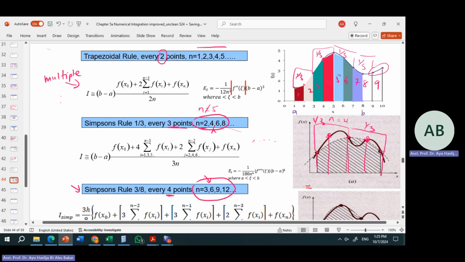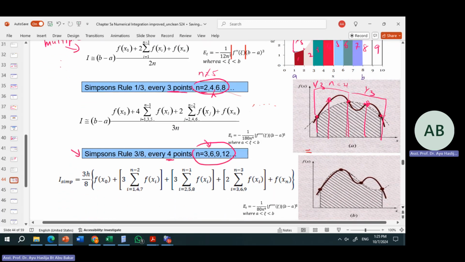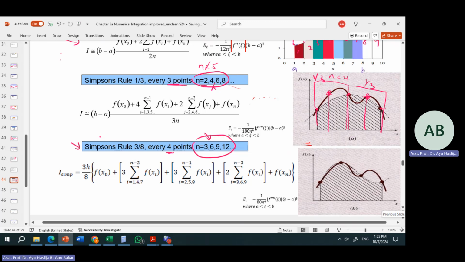Simpson 3/8. Okay. Now this equation, the last equation, is for Simpson 3/8 multiple application. Multiple Simpson 3/8 is even more complex. Take note of the data points over here.